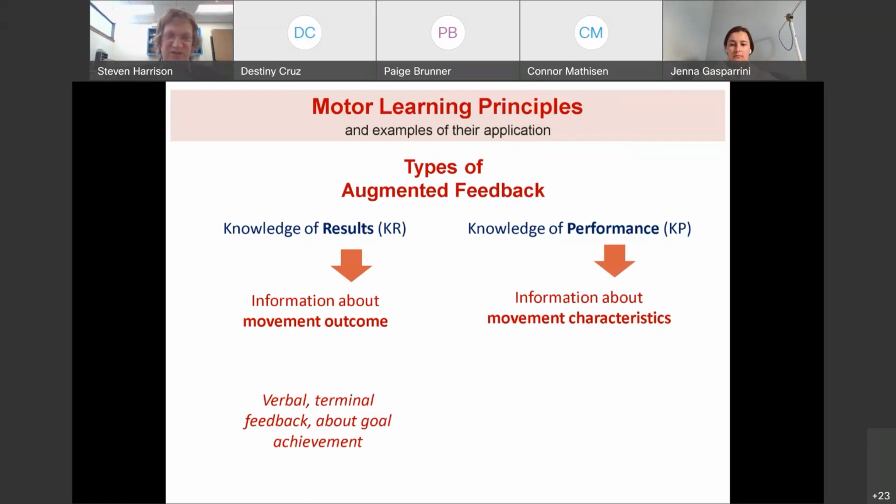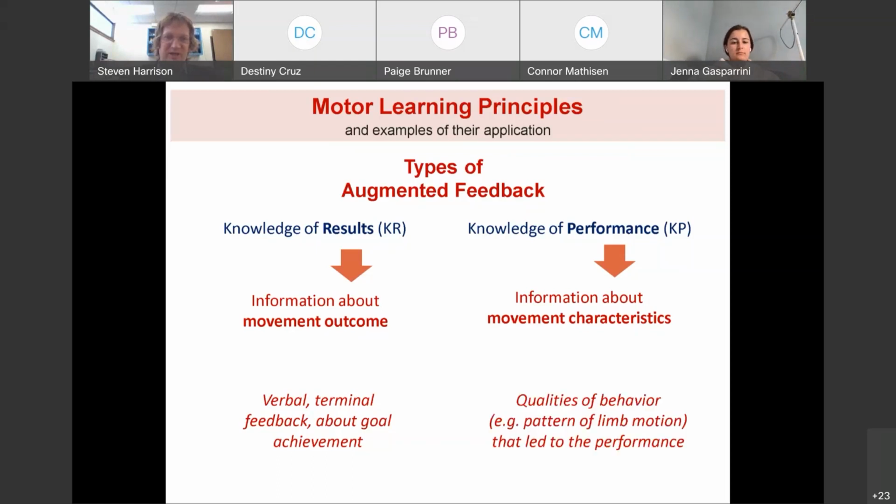Here we're not really talking about to what degree the movement was effective with respect to the goal, but about the specifics of the movement. You might be identifying particular sub-qualities of the action that may in and of themselves be related to the goal, but you're giving feedback about them somewhat independent of the goal, with the idea of getting the actor to focus on those characteristics and improve them, and hopefully have a particular style of performance that will create more optimal outcomes.